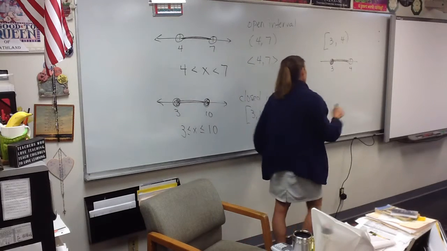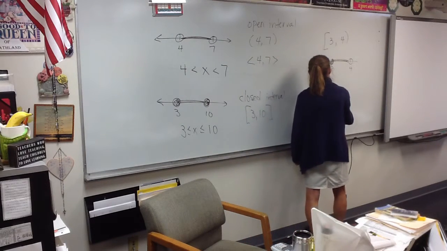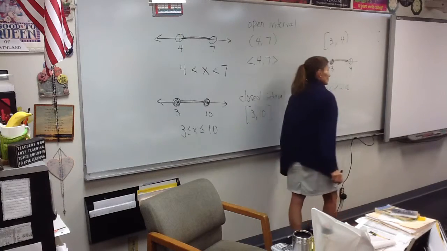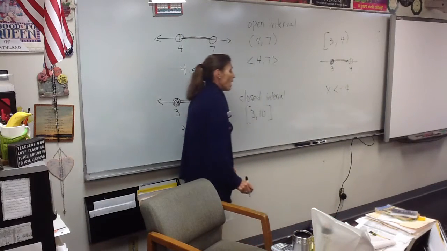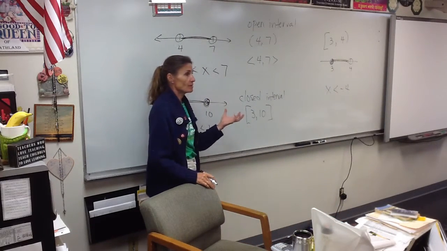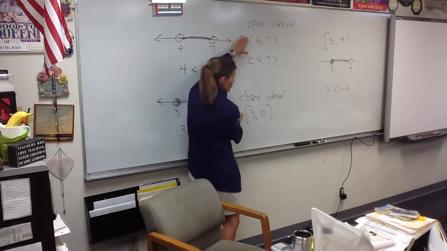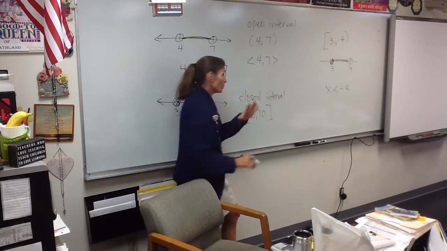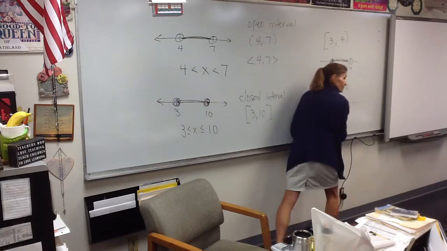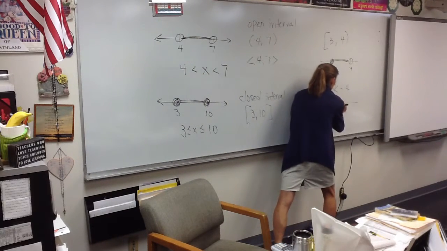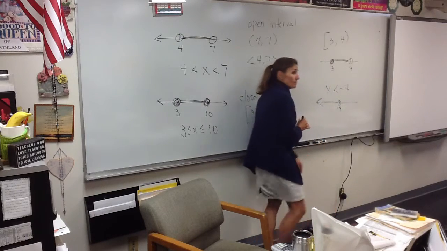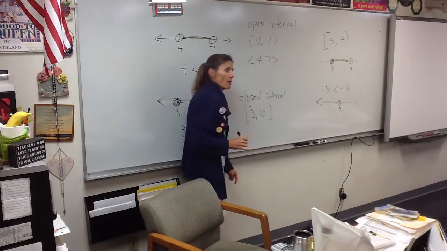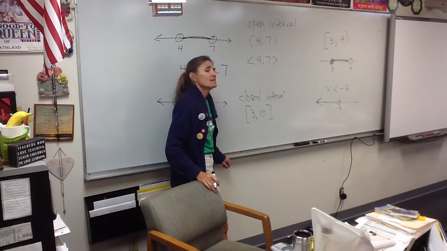So let's suppose you head down another hallway and you find this. What would that look like, do you think, in interval notation? What would that look like? You know what it looks like on the number line, right? Okay, that'd be an open dot at -4 and shaded this way. Everybody okay with that? How do you think we would express that as an interval?